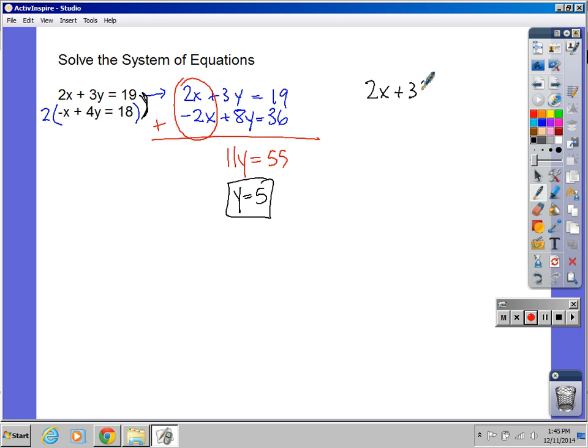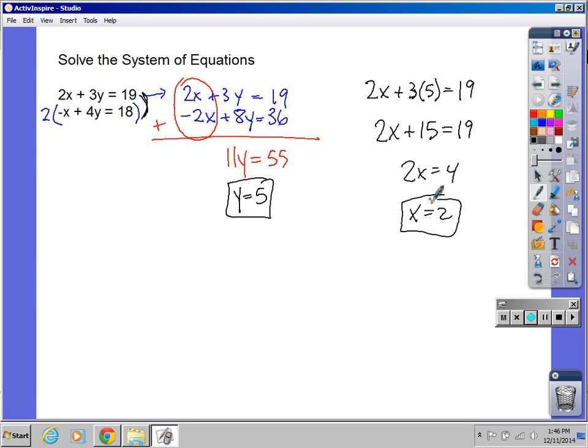So 2x plus 3 times 5 equals 19. So I have 2x and 15 equals 19. So 2x is 4, so x is 2. And then this coordinate, (2, 5), tells me where the two lines intersect.